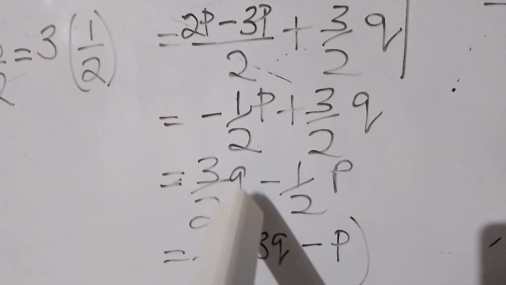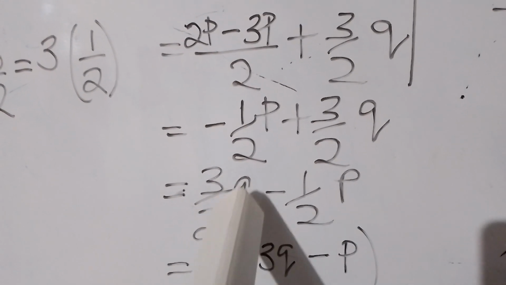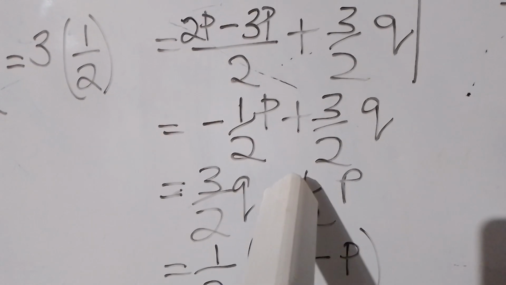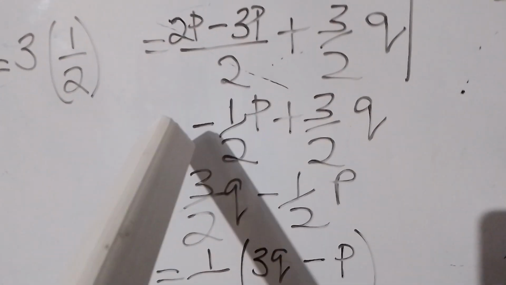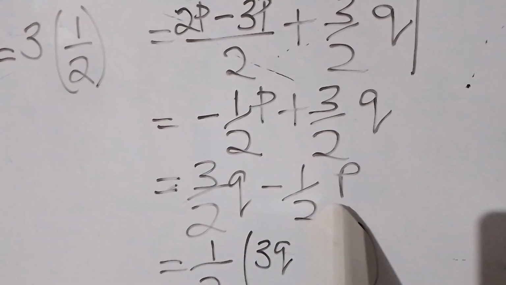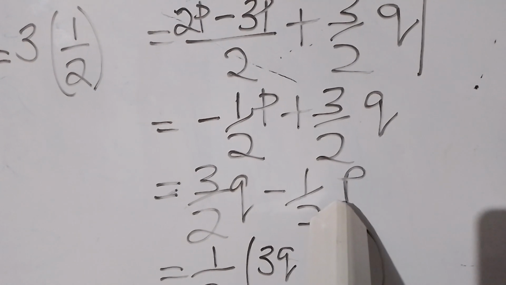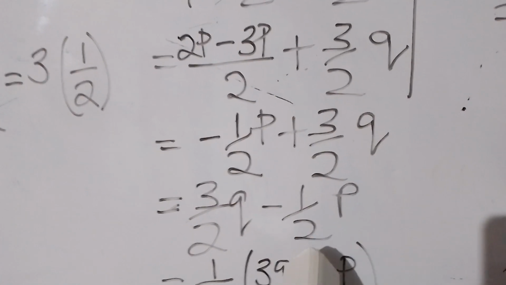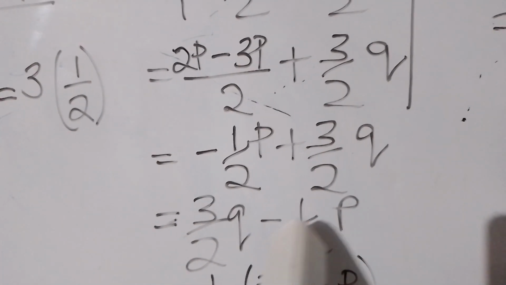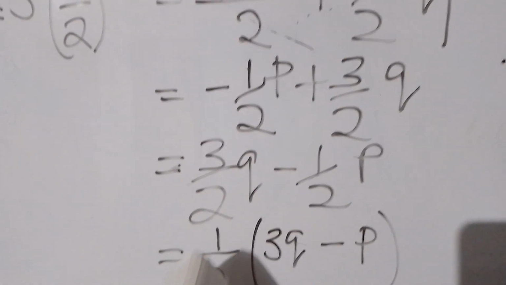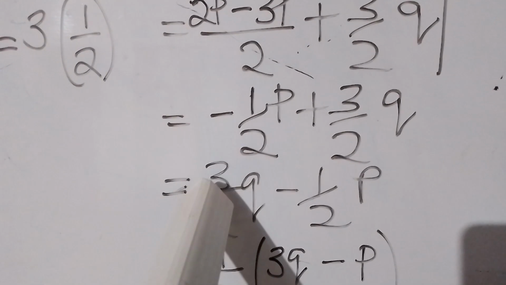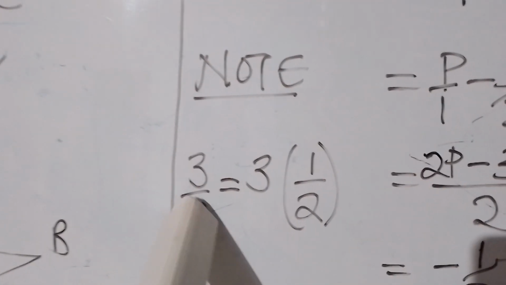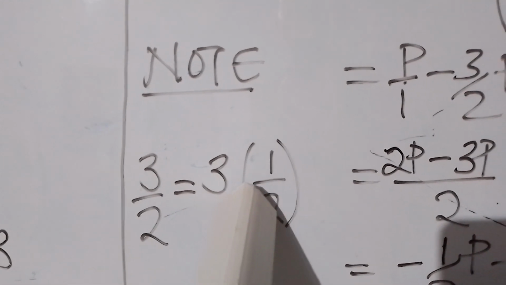Now, we have been left the solution in a form which we need to arrive at. This is a solution in cases whereby you have not been restricted to produce a particular answer. But in this case, they want us to produce a particular answer. So what are we supposed to do? We factorize here. 3 over 2 can be written as 3 multiplied by half.